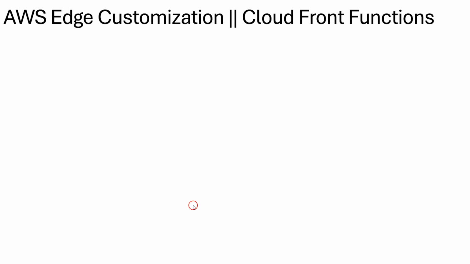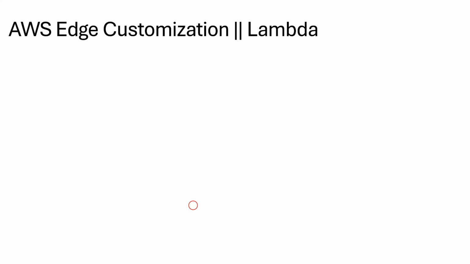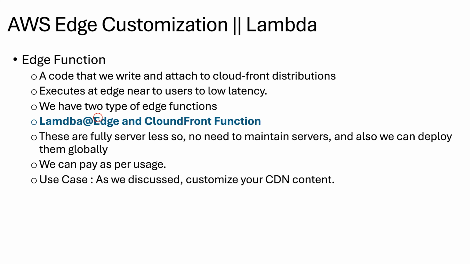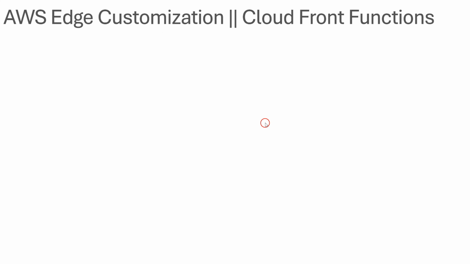Now we'll see the difference between CloudFront Functions and Lambda@Edge. We have already discussed that the edge function has two types, that is Lambda@Edge and CloudFront Function. Now we are going to see what these CloudFront Functions are.